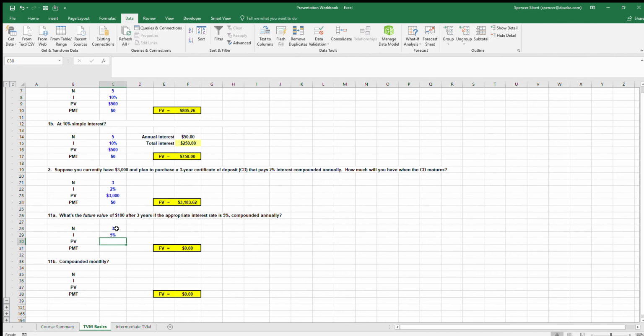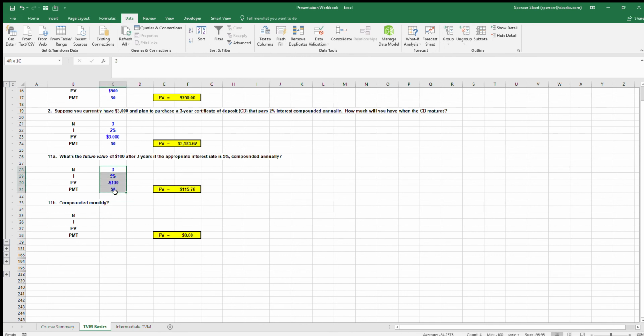So really what you need to do here is just go backwards. So instead of the present value being 0, you're going to put the present value as negative 100 because you want to find out when the future value is 100, and then 0. Now in this case, you're not going to make the present value negative. You're actually going to make that positive, and you get $115.76.